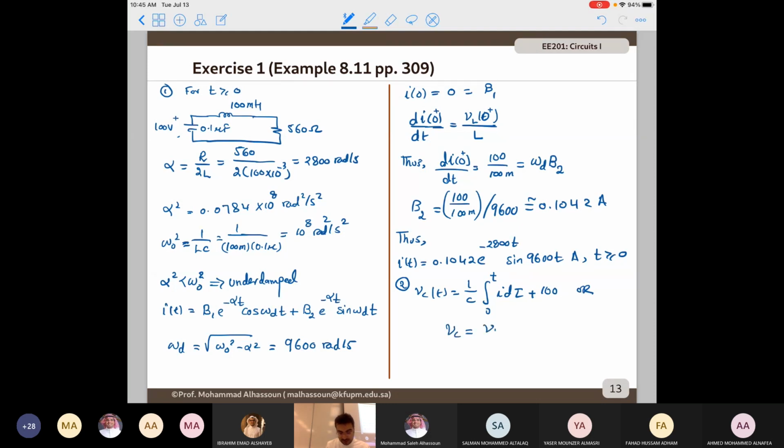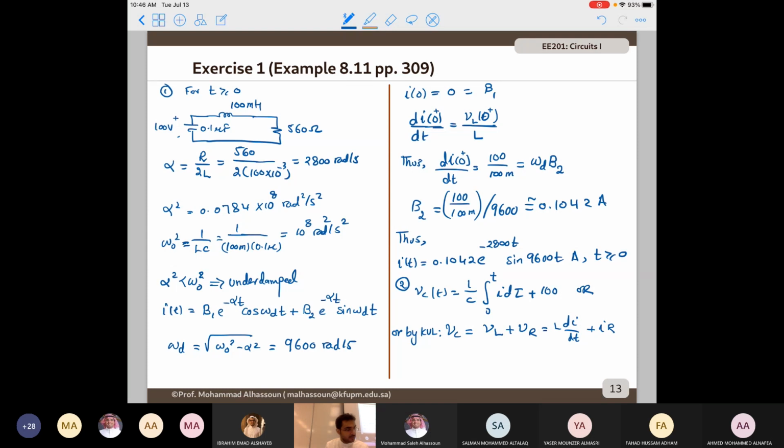VC is actually VL plus VR, where VL is L di by dt. VR is I multiplied by R, if you're not comfortable with the integration. So you need to differentiate and multiply by the inductance to get the voltage across the inductor, and add it to the voltage across the resistor. This is KVL.